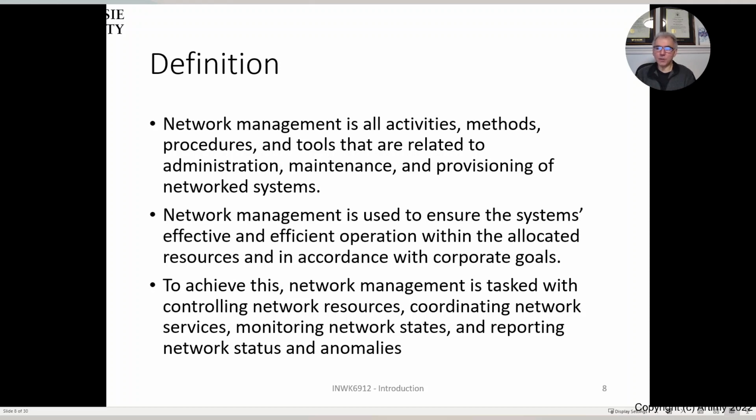And also, the network is an asset to the organization that uses this network. So you cannot just think about the network as something isolated from the company's business in general. No, this is an asset. So the asset has to be allocated budget, has to be allocated some resources.